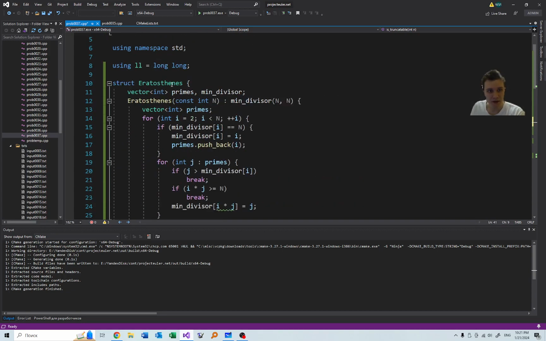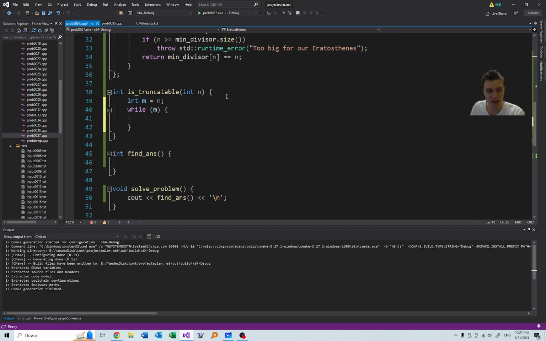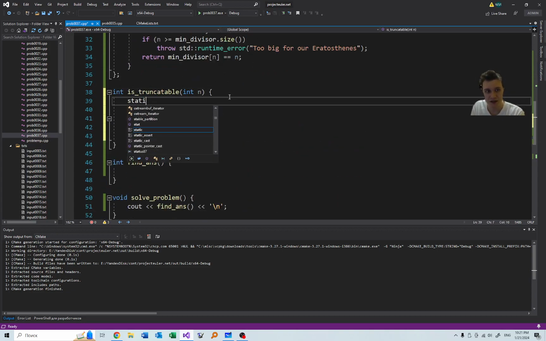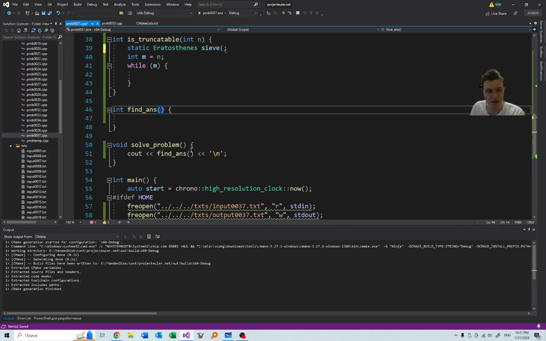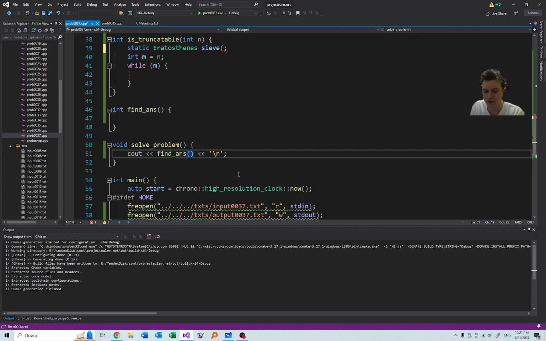that it is prime, and to do that we need our sieve. So we have also a static sieve. Okay, actually, let's create some bound like 1e6, and we hope that there are no numbers which are greater than 1e6.